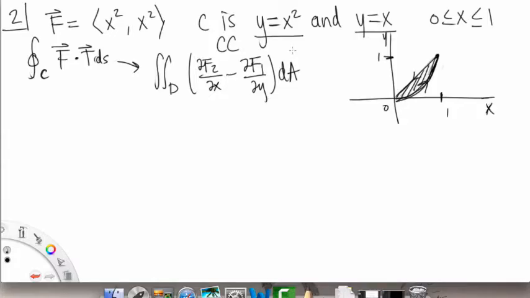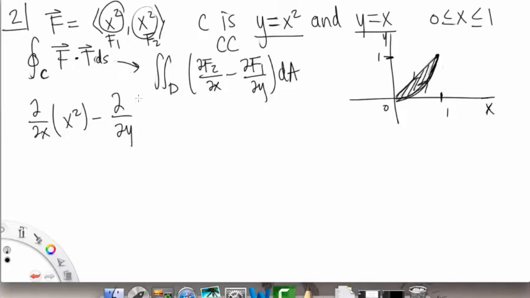So f sub 1 and f sub 2 are actually the same thing, but it is going to be different because we're taking partial derivatives with respect to different variables, so it won't necessarily turn out to be 0. We take the partial with respect to x of the second component, x squared, and then subtract the partial with respect to y of the first component, which is also x squared.